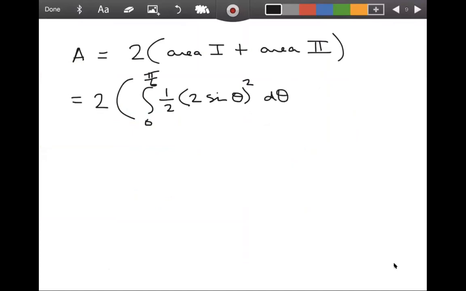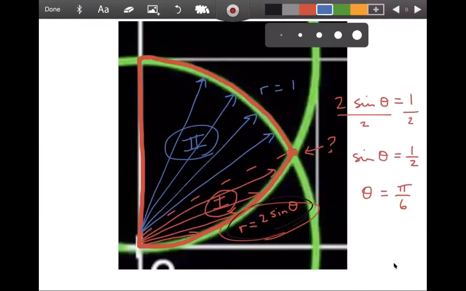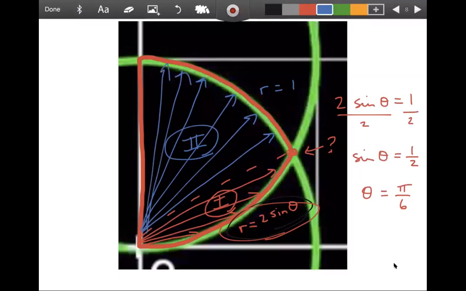And then the integral that represents area 2 is going to be the integral from pi over 6 to, let's see, how long does this continue? Well, until I get to this point up here, which is pi over 2, right?